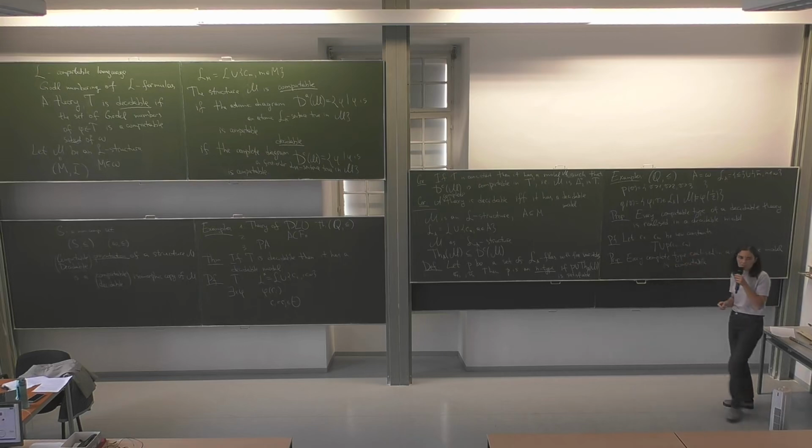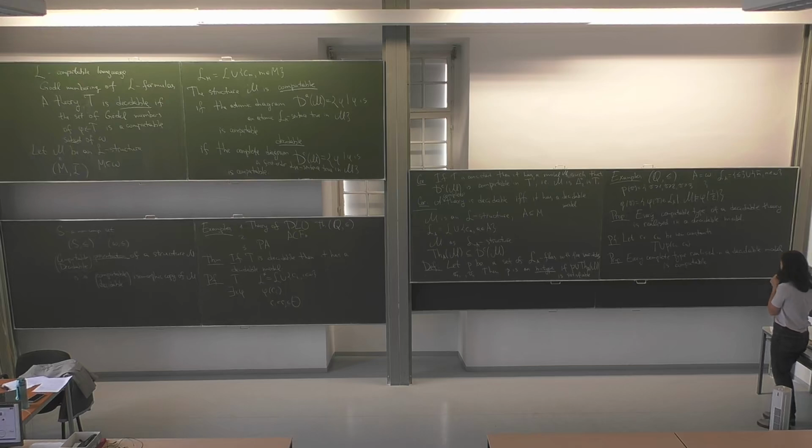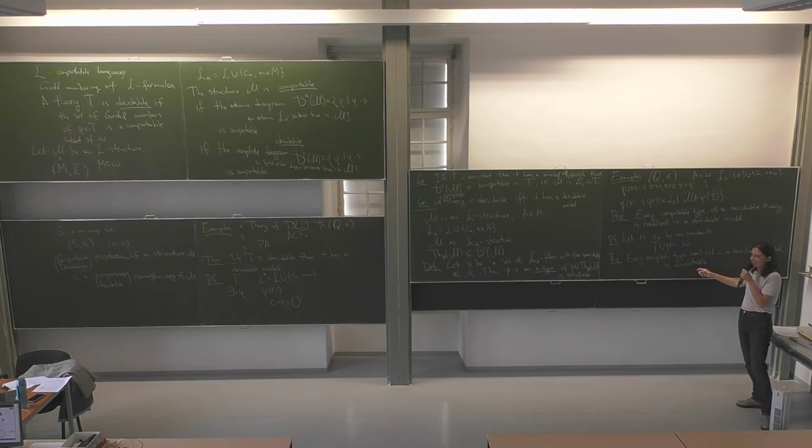So this is probably relevant for your question to some extent. If we have a decidable model from the very beginning, then the type, if it's complete, will be automatically computable.